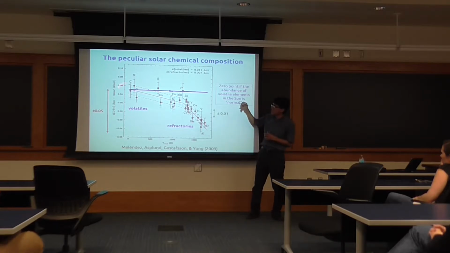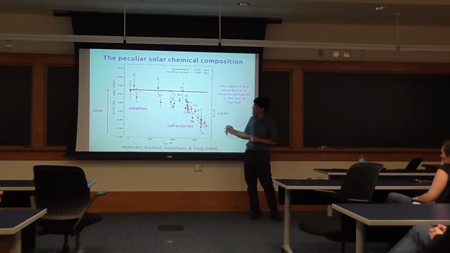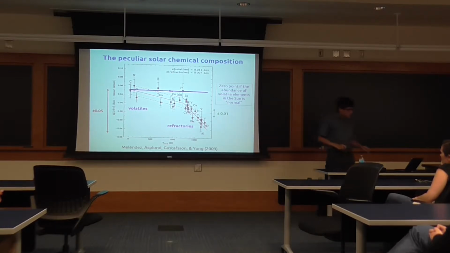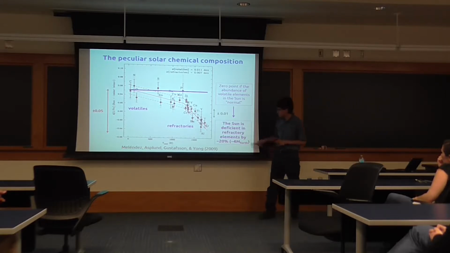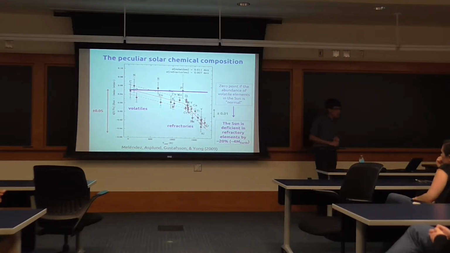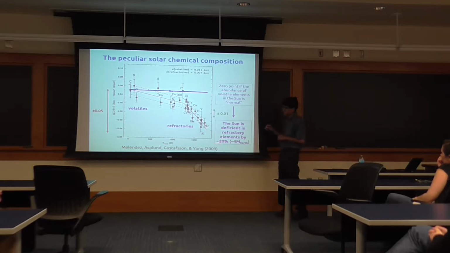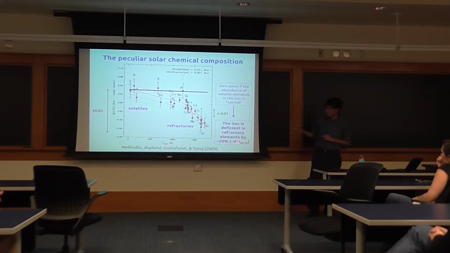You pick one of these, or maybe the average of the volatiles. Then the 0 is not here anymore; it would be up there. In that situation, the conclusion from this observational result is that the sun is deficient in refractory elements by an amount which is about 20%, which translated into mass comes up to about 4 Earth masses, which is a very interesting number because that's approximately the mass of all the terrestrial planets plus the asteroids combined in the solar system.